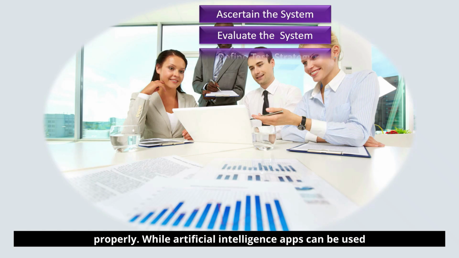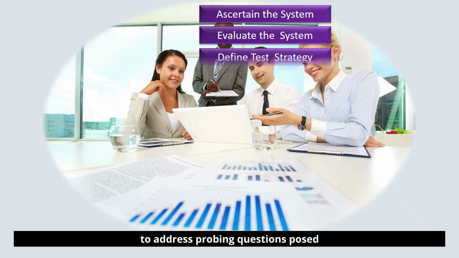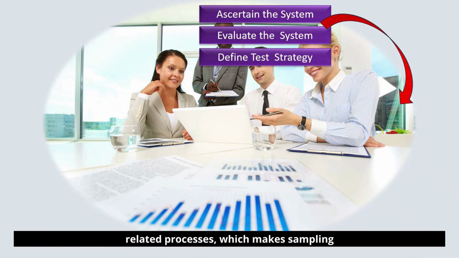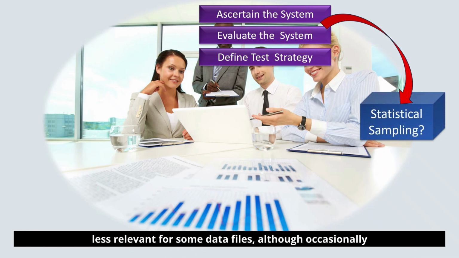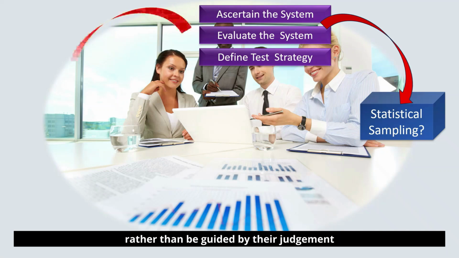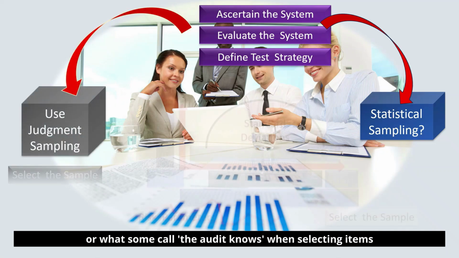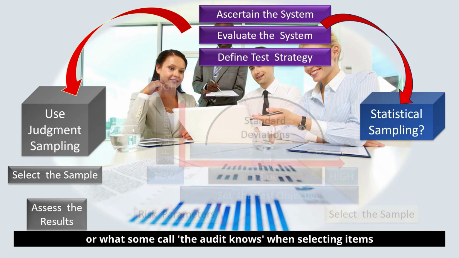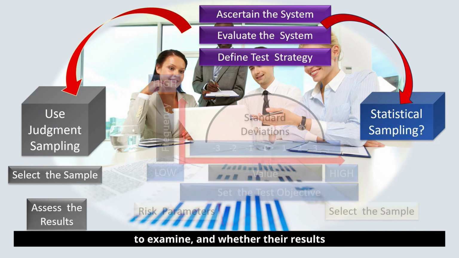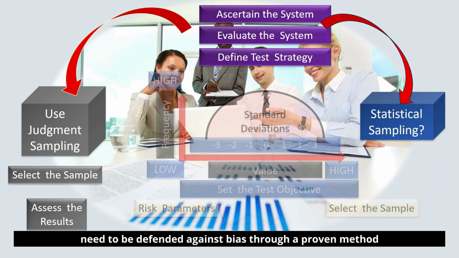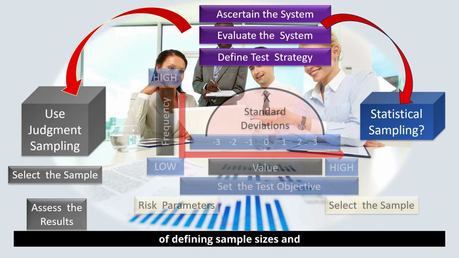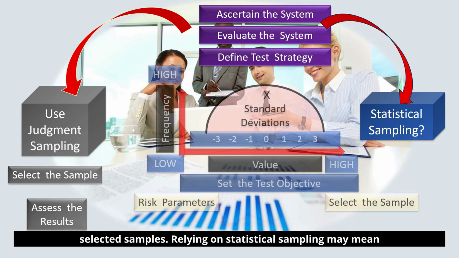While artificial intelligence apps can be used to address probing questions posed by the auditor that allow rapid sweeps of systems and related processes, which makes sampling less relevant for some data files, although occasionally the auditor will have to decide whether or not to use some form of sampling technique rather than be guided by their judgment, or what some call the audit nose, when selecting items to examine, and whether their results need to be defended against bias through a proven method of defining sample sizes and selected samples.